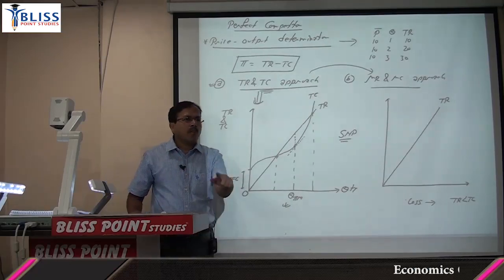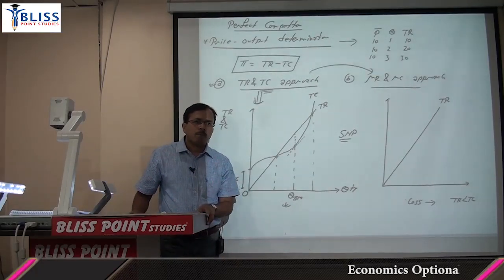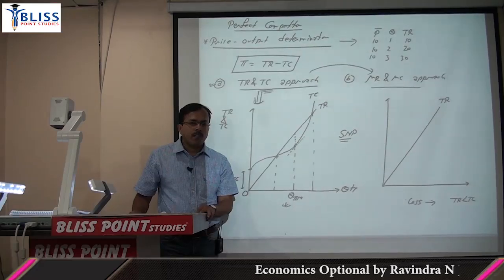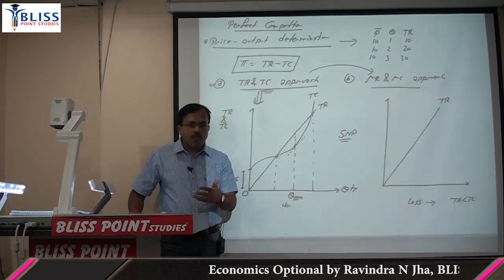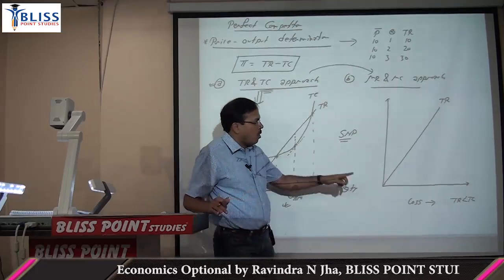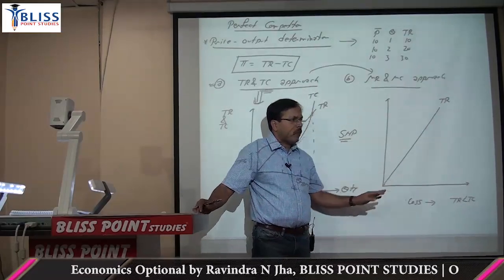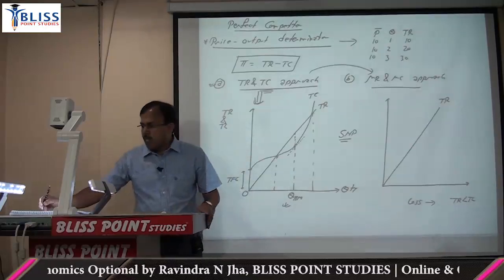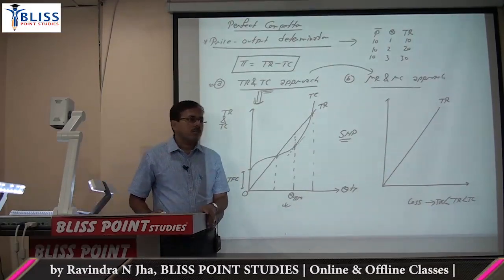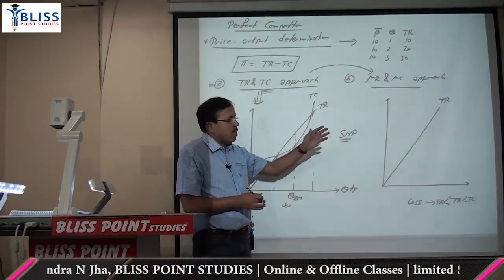But in loss when firm operate, when TR is more than TVC, so that operating profit will be there. So since we have to show loss, so TR must be less than TC, but that TR must be greater than total variable cost.